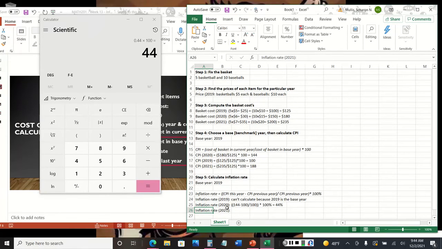The inflation rate for 2021: you take the CPI for 2021, which is 188. Let me put that extra parentheses in there because we're going to need it. 188, and then we subtract the CPI from 2020, which is 144.